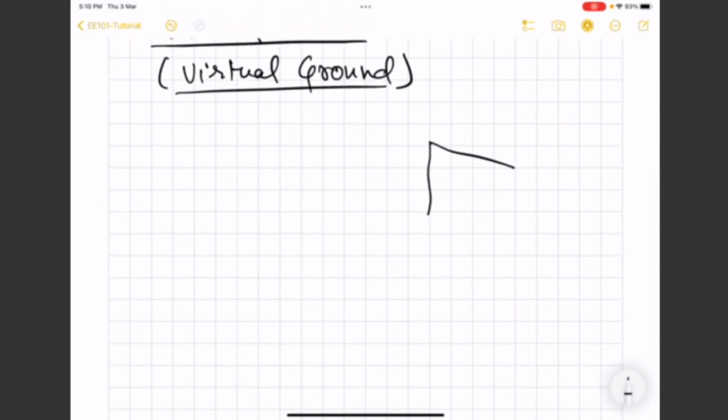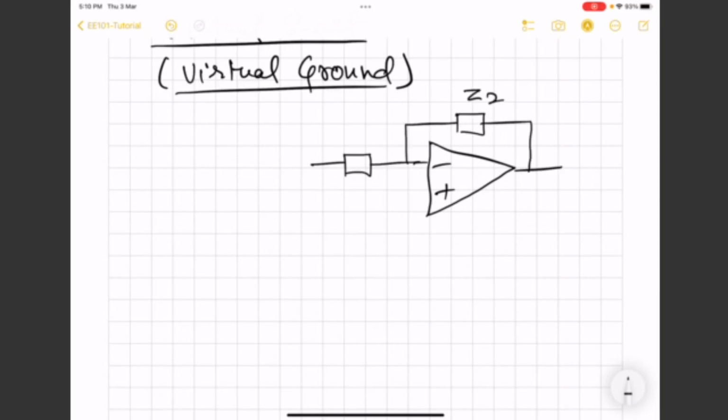So suppose we have this op-amp based circuit. Here we have the output and here we have the input, and these two node voltages will be called V minus and V plus.